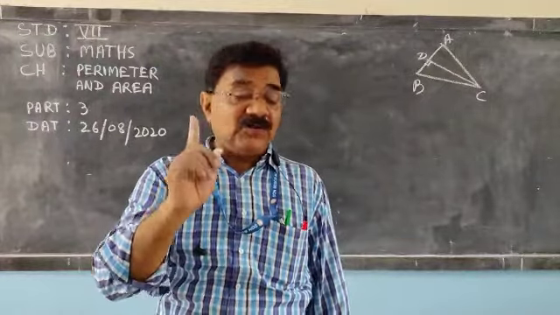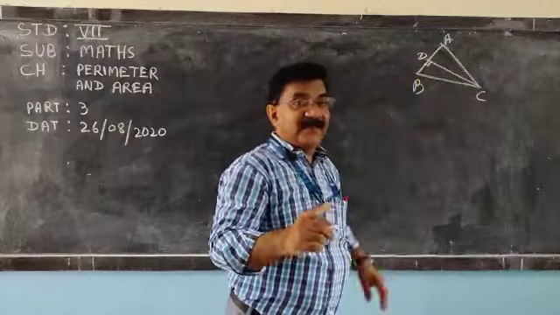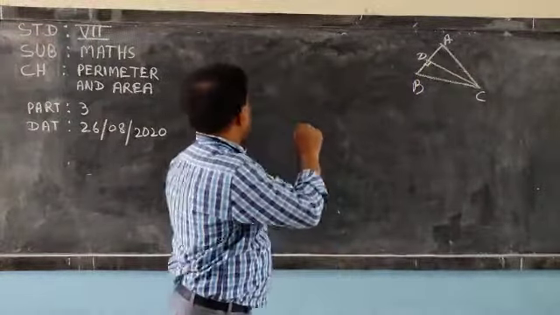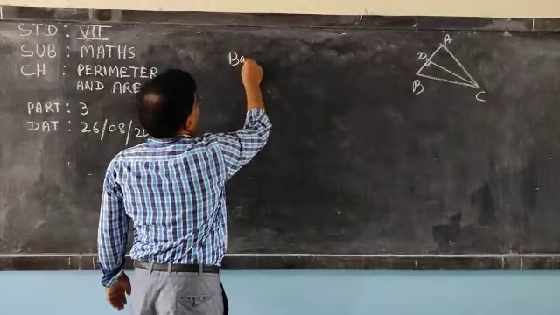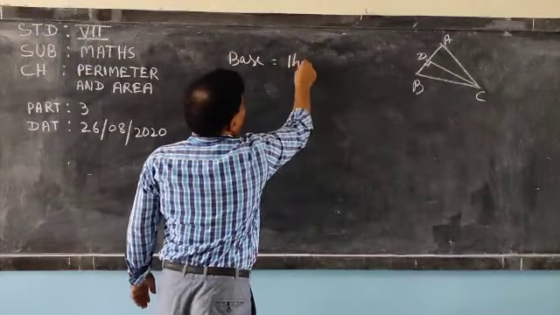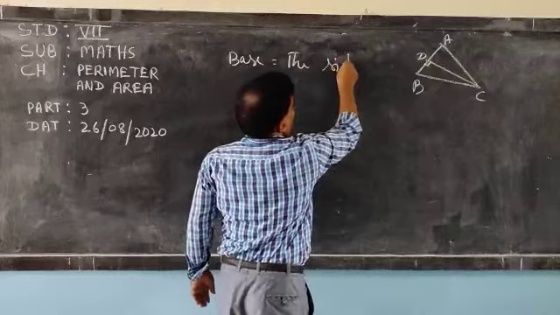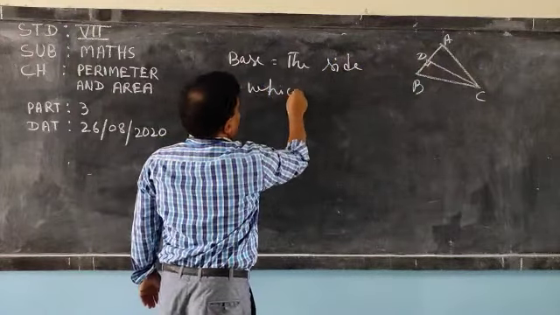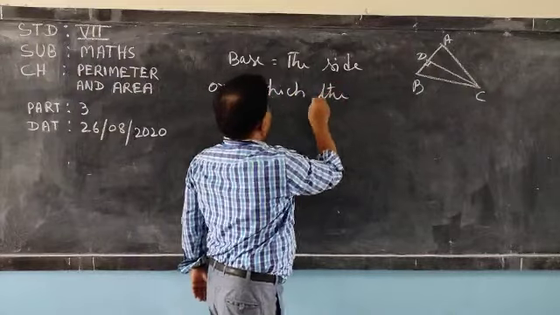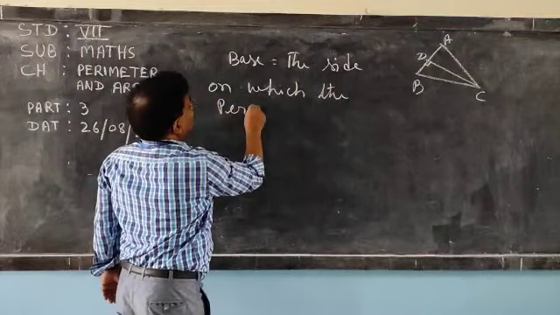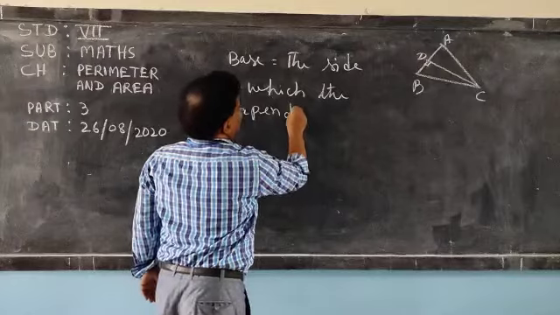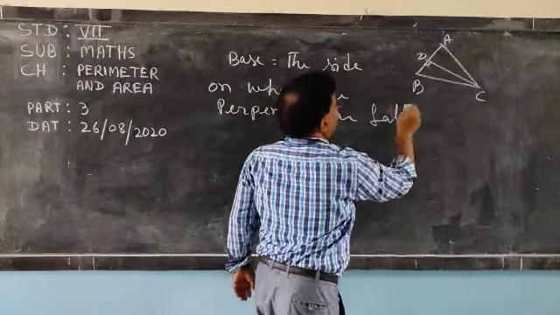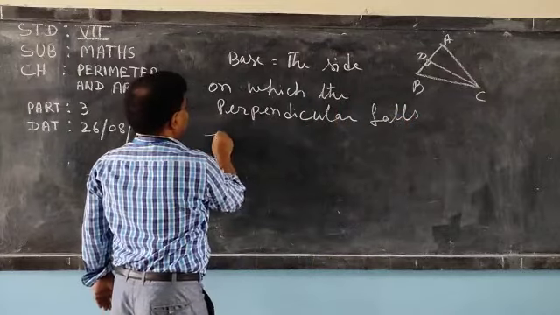Very important part to understand. Base means the side on which the perpendicular falls, and the perpendicular is the height.